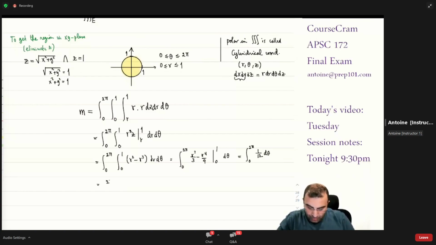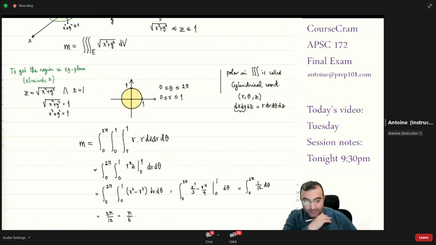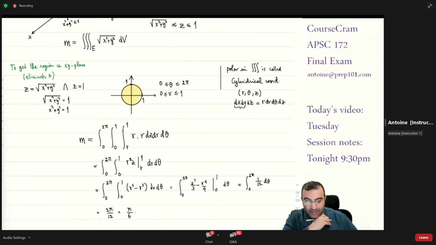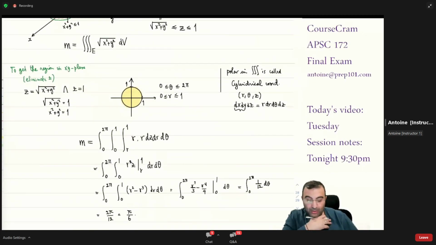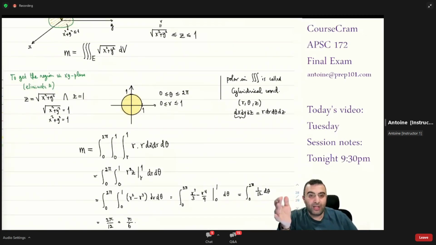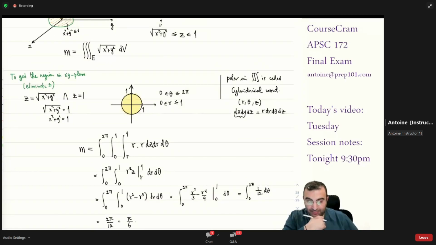So this is 2 pi over 12. So the mass is pi over 6. Right? So that's how we find a volume. Well, a mass technically, which is a volume times a density.